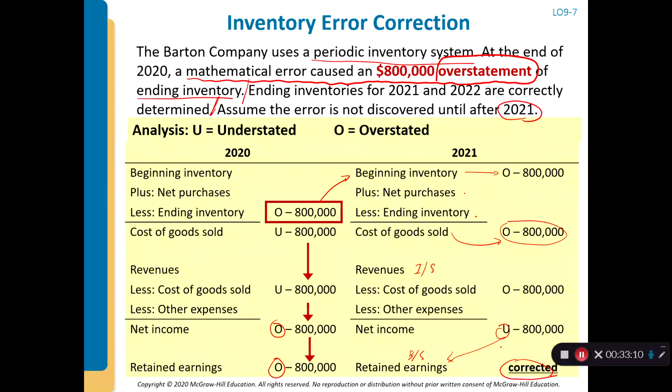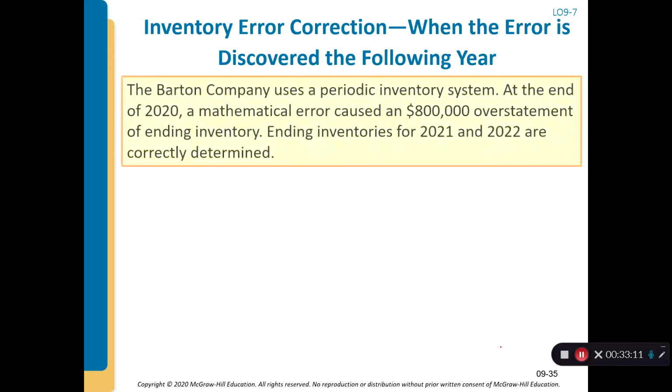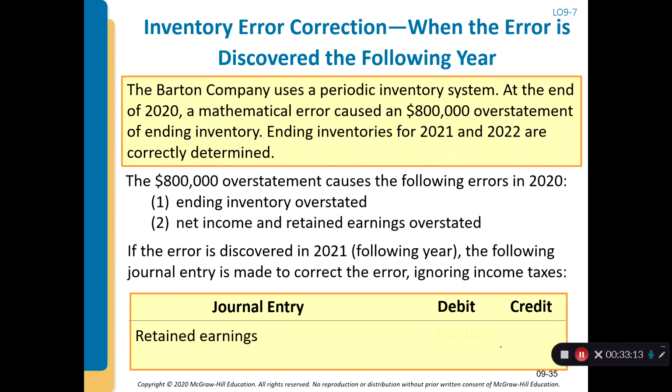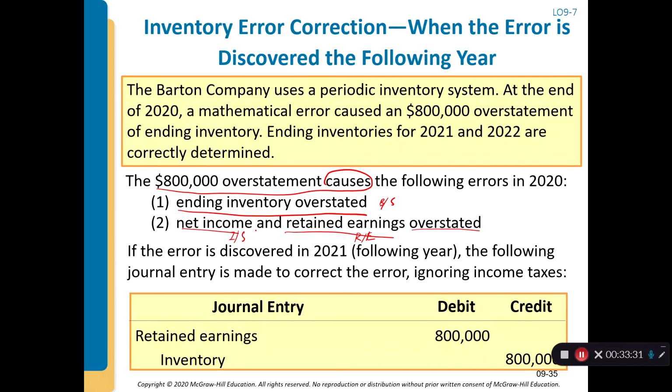Okay, so let's say the 800,000 overstatement causes the following errors in 2020. First of all, the ending inventory is overstated in the balance sheet, the net income is overstated, and the retained earnings is overstated in the balance sheet and income statement.